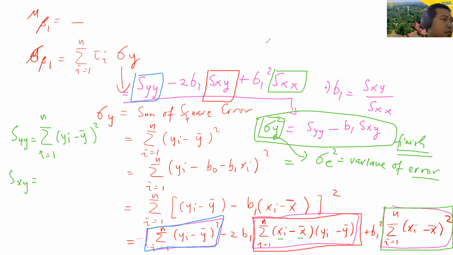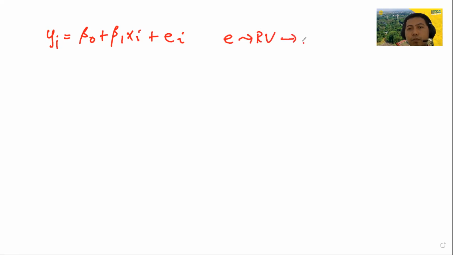So in a simple way, given the model y equals beta0 plus beta1 xi plus error, this error is a random variable with mu error equal to 0 and a standard deviation of error like this.